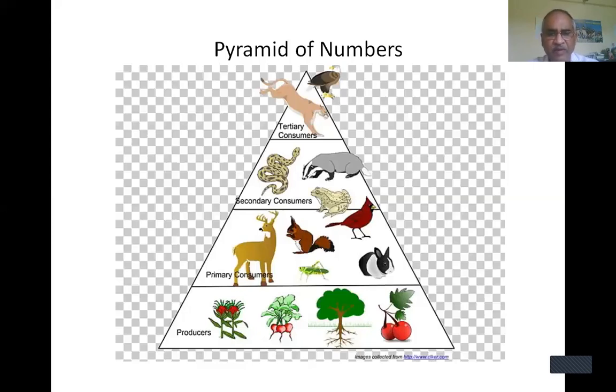And above their level, we have secondary consumers. And then finally, we have top carnivores. So tiger, and then eagle, lion, man. So all these are top carnivores. So as you can see, bottom is wide and then tip is narrow.